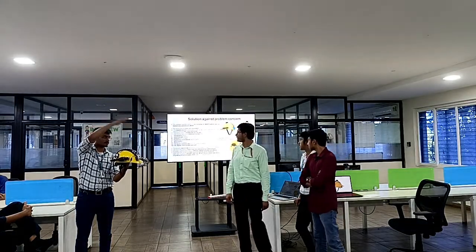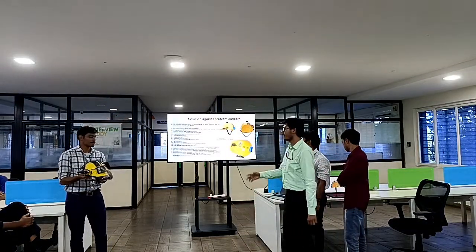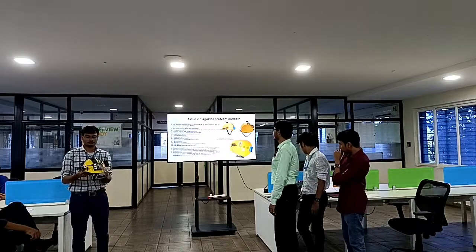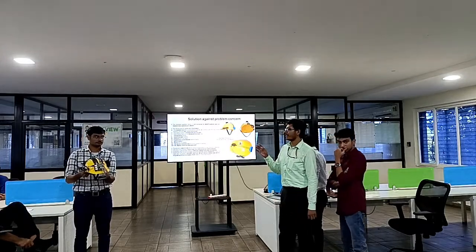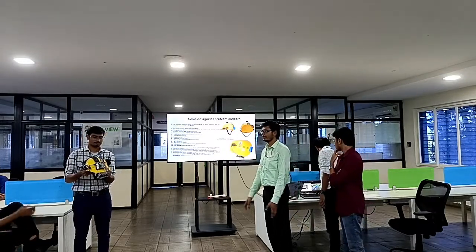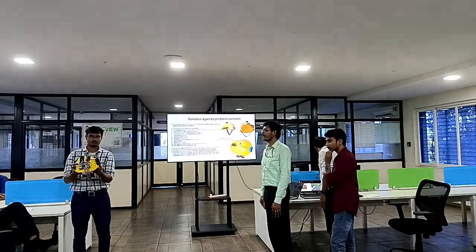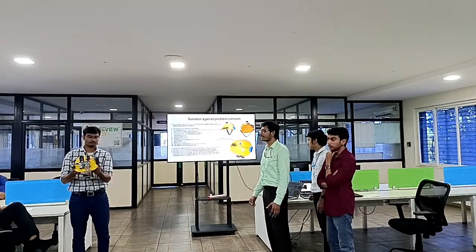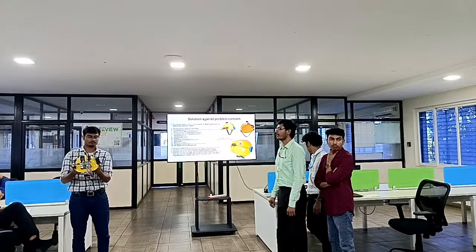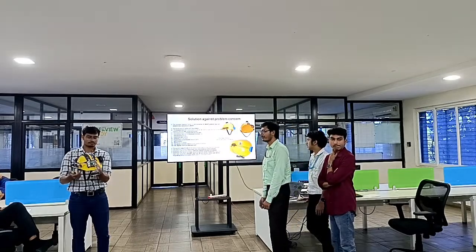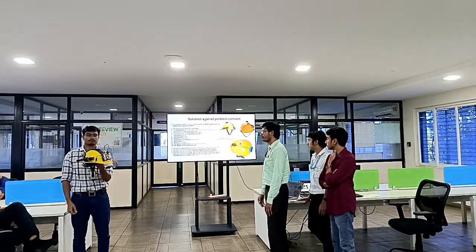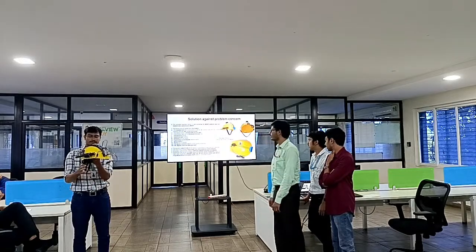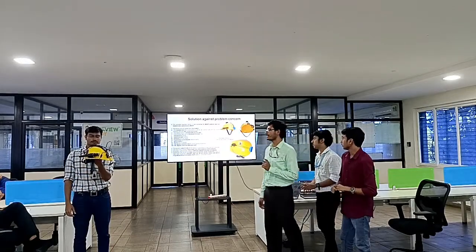According to the problem statements, we have developed this model and several features also we have added. It is not connected only to the mine, so this model can be used for any machinery. This is also a low cost model, and several features are added, like AI, and also visual and audible features are added here.